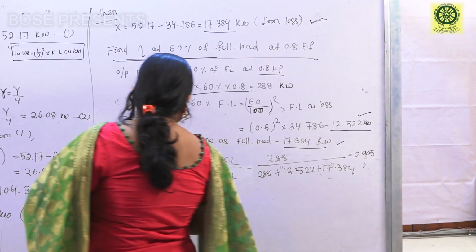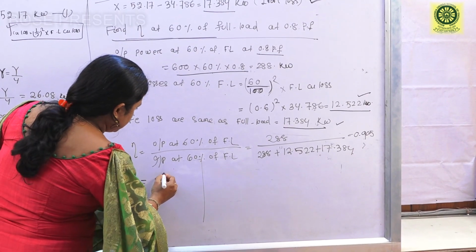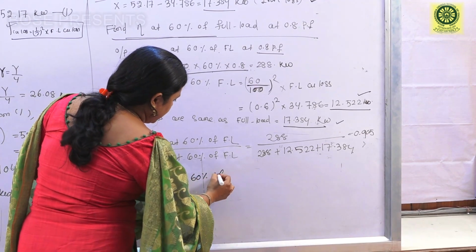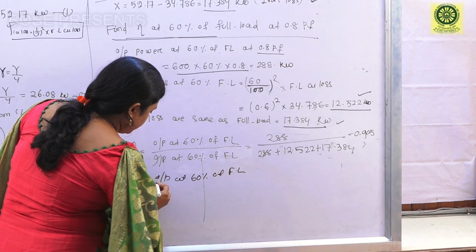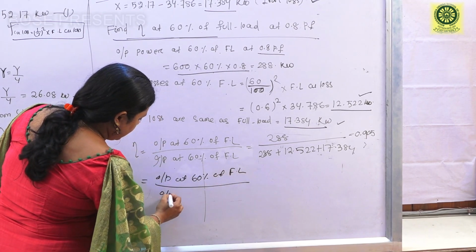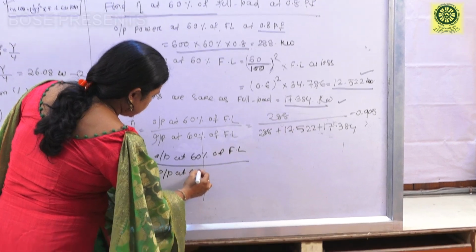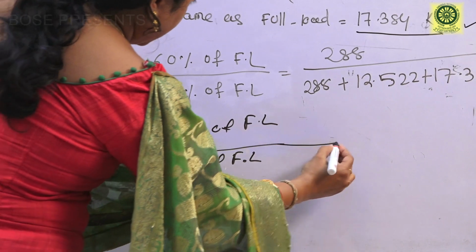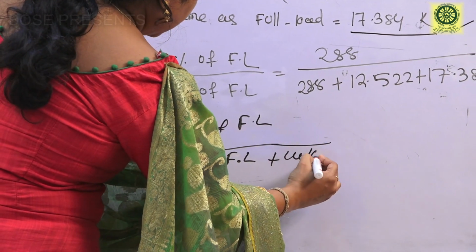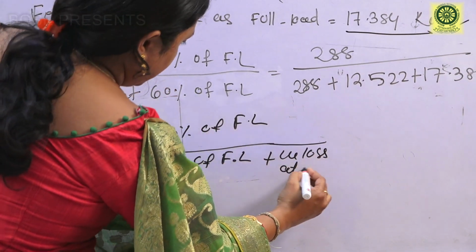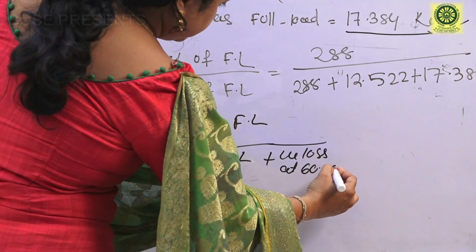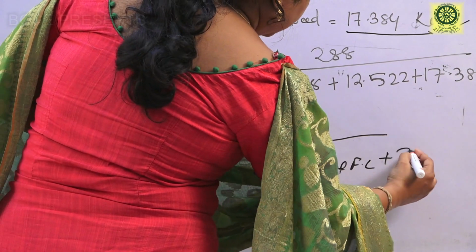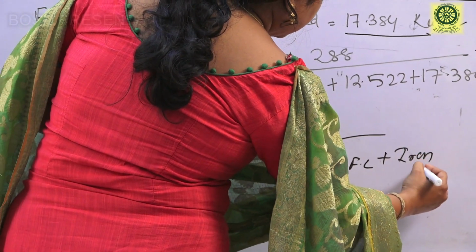Again here, see, the output at 60% of full load divided by the output at 60% of full load plus the copper loss at 60% of full load plus the iron loss.